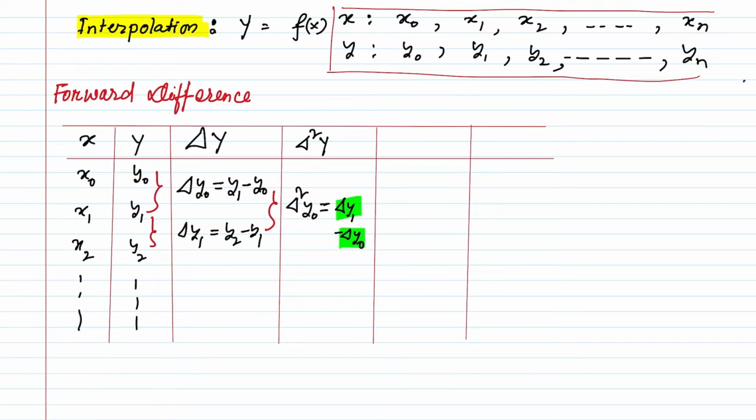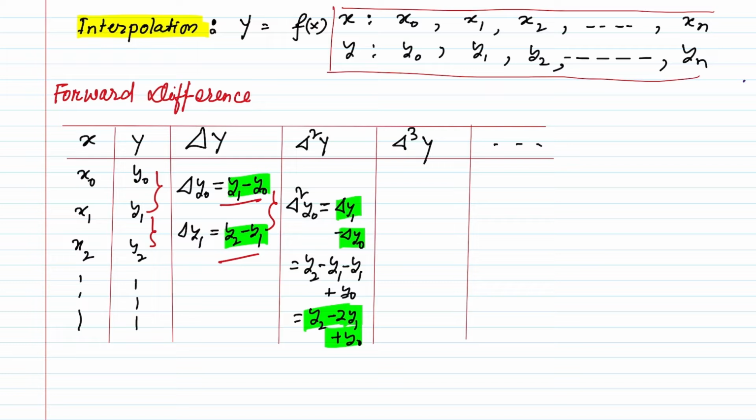If you replace these two by their values, then you get y2 minus y1 minus y1 plus y naught, and that is equal to y2 minus twice y1 plus y naught. Similarly we can find del cube y and so on. Here you see this is nothing but a polynomial, and these are also polynomials.